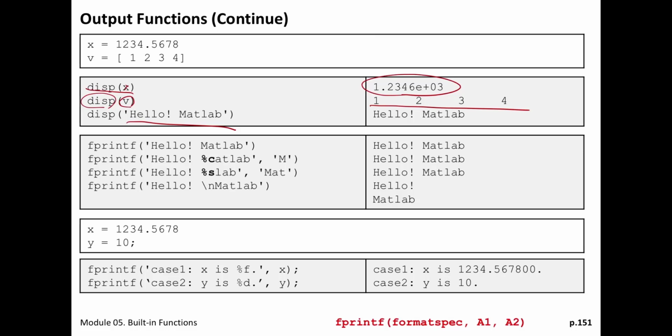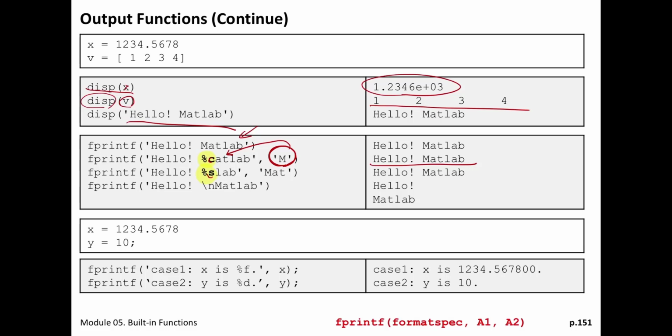Here's the fprintf. This is just a plain character vector, but this is the identifier. Okay, if you place an identifier, you need to place a corresponding value after a comma. So you put the character here, you can plug in this character here, so you print out the same message.